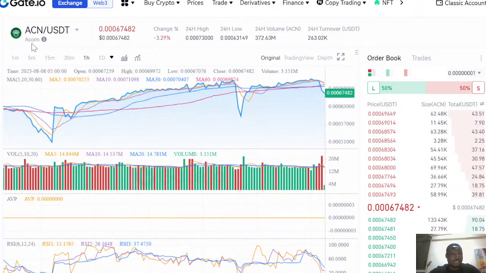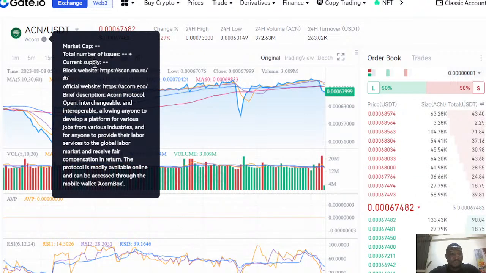You can see, let's just say what is it really about. You can see the Acorn Protocol, open and interchangeable, and also interoperable, allowing anyone to develop a platform for various jobs from various industries. Now they allow everyone to create or develop a platform for various jobs.